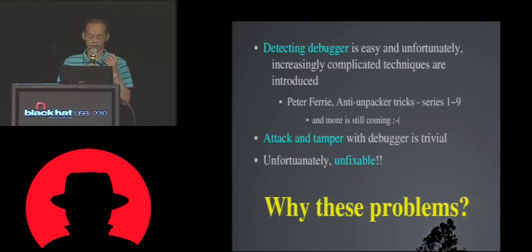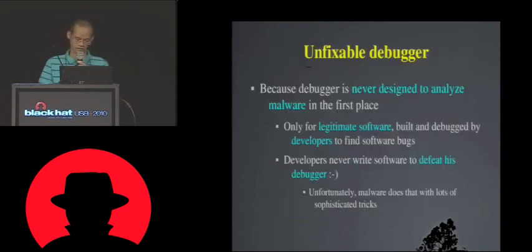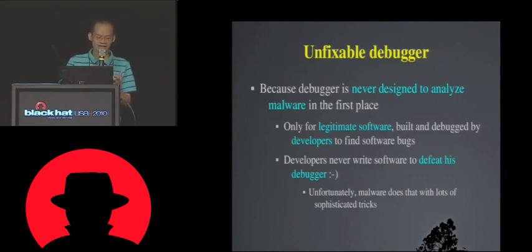So the question is, why do you have all of these problems? Any idea? Why do you have so many problems when using a debugger to analyze malware? Okay, the answer is very simple. Because the debugger was never designed to analyze malware in the first place. The debugger is built by developers to debug legitimate software, to find software bugs.